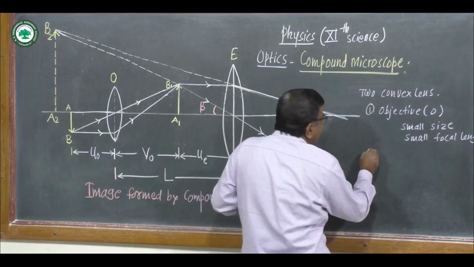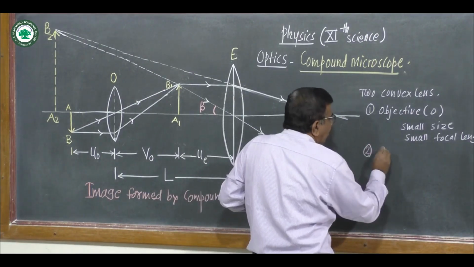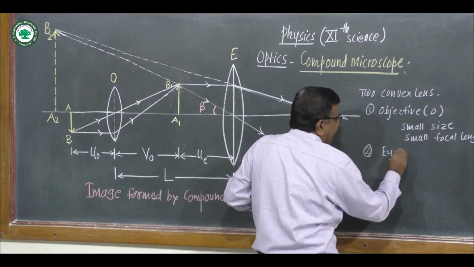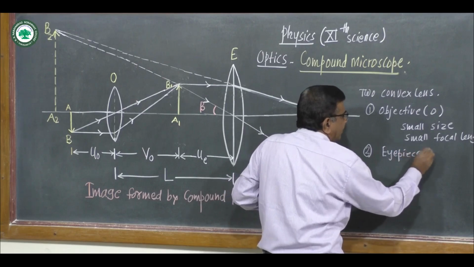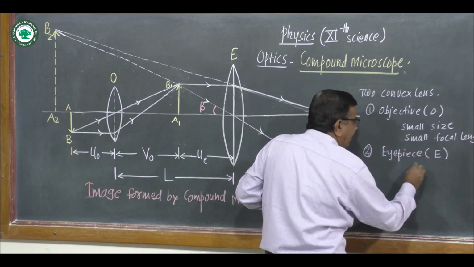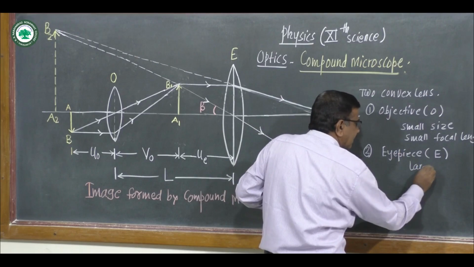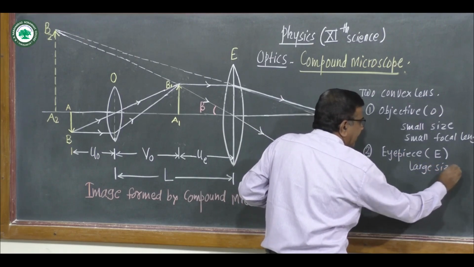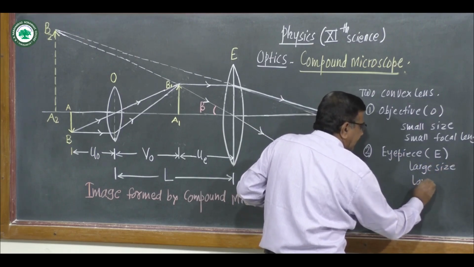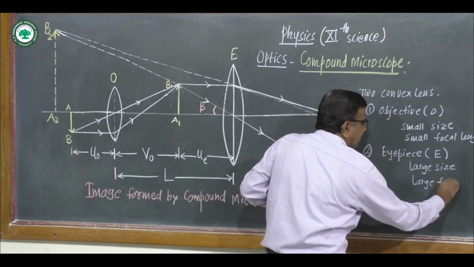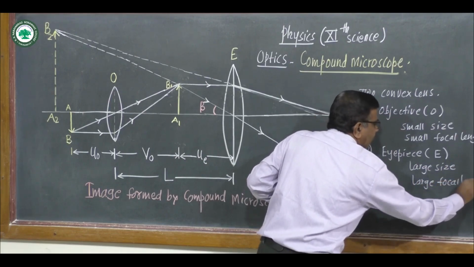The other convex lens is called the eyepiece, denoted by E, having large size and large focal length.